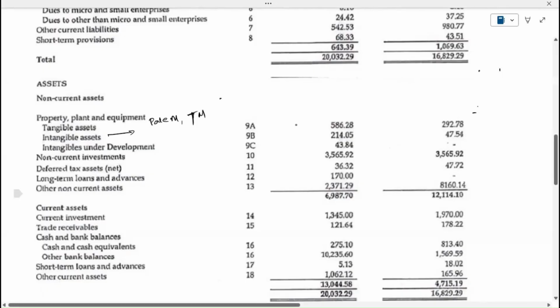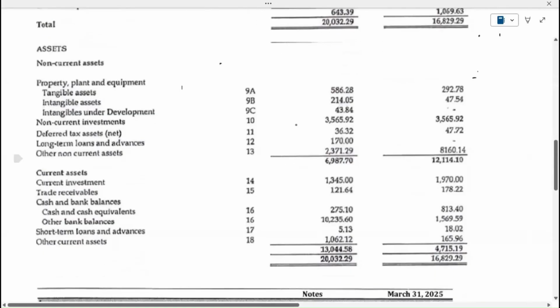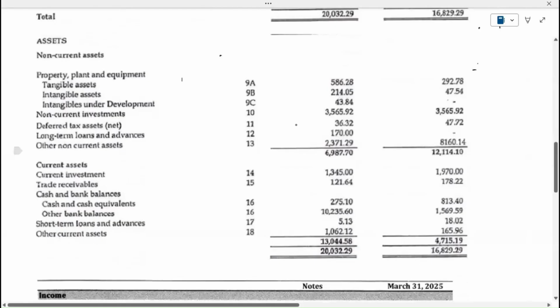Then moving further, non-current investment. If you look at this item, my opening balance and closing balance remain the same. For example, investment in shares or securities.